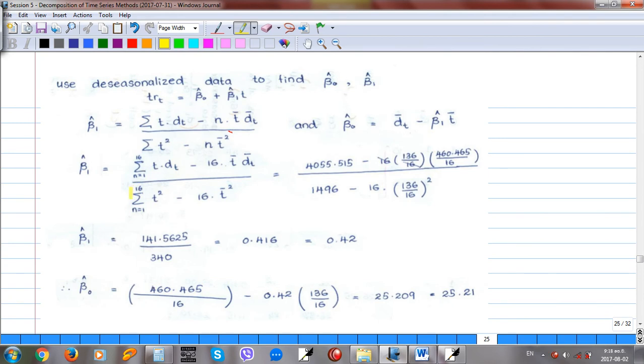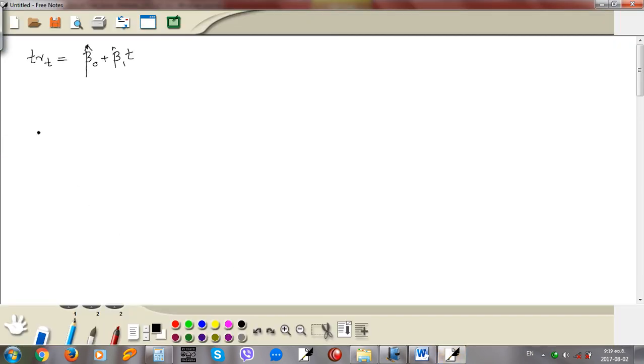So we can find beta 1 hat by using this equation: sigma t times dt minus n t bar dt bar, over sigma t squared minus n t bar squared, right?